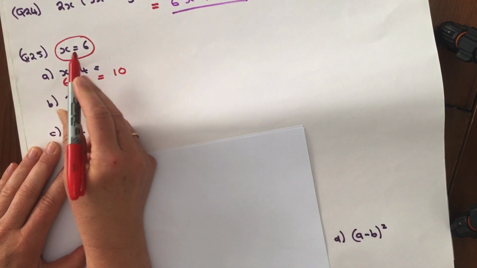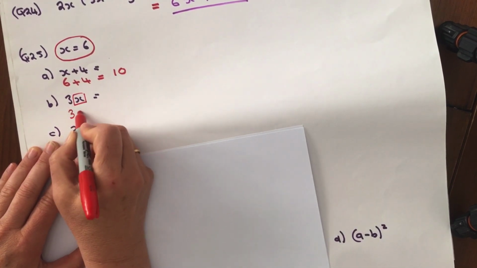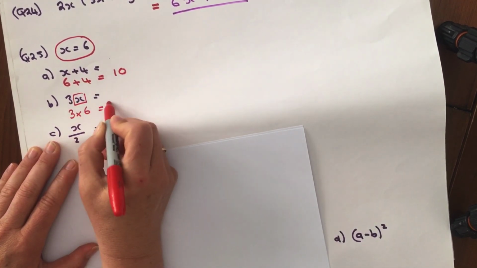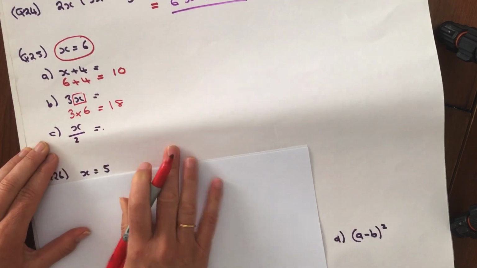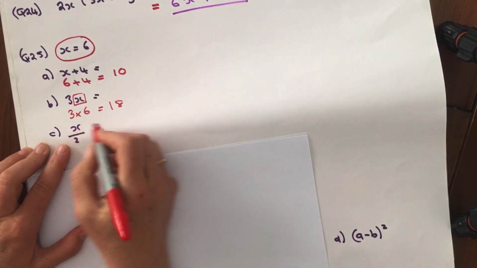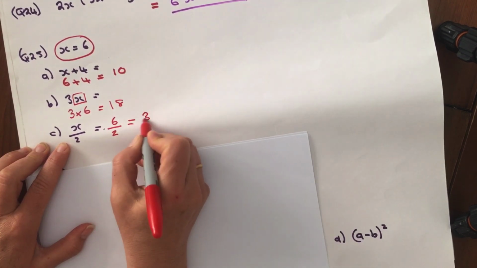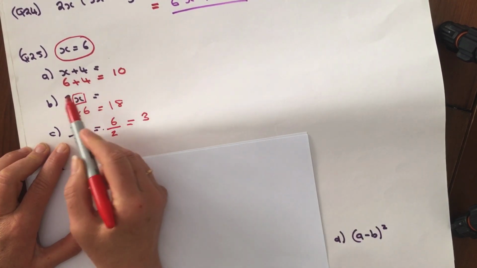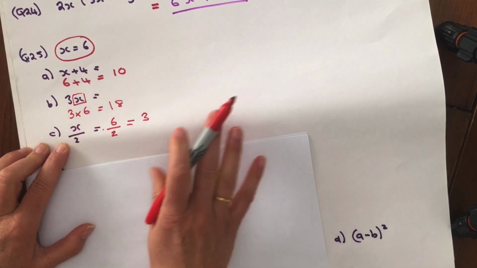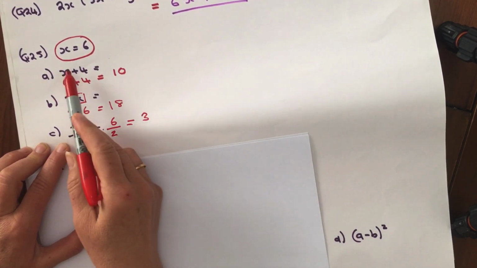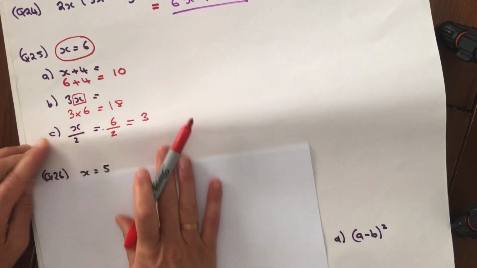The x is 6, so you've got 3 times 6, which is 18. Here, your x is 6, so you've got 6 on the top, divided by 2, which is 3. The numbers that you've already got in the expression stay the same, it's just the x that you're substituting for.